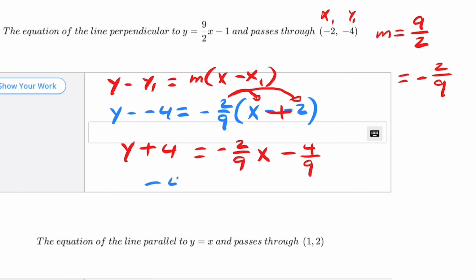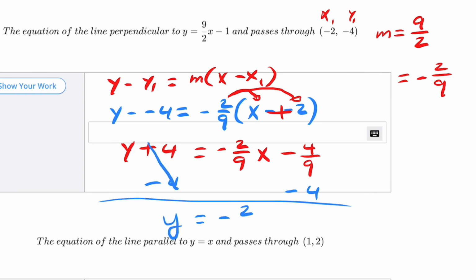Then you subtract 4 from both sides. So y equals -2 over 9x, -4 over 9, subtract 4.